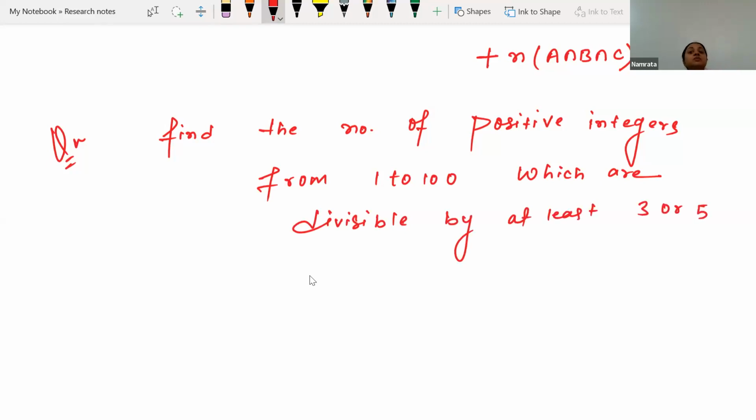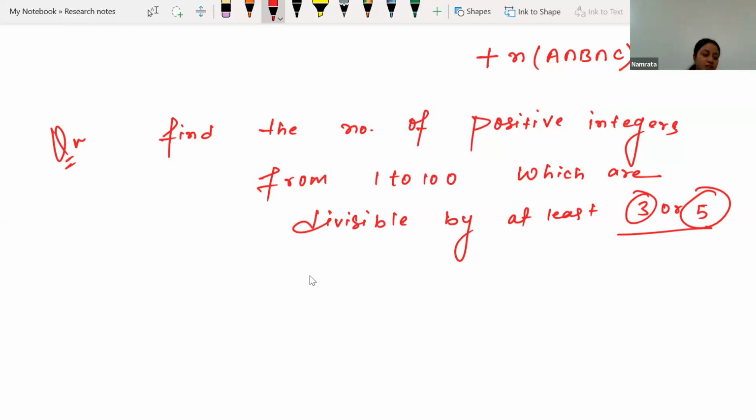So which are divisible by at least 3 or 5 or both. That is the meaning of at least, right? That is minimum this one or everything, right?